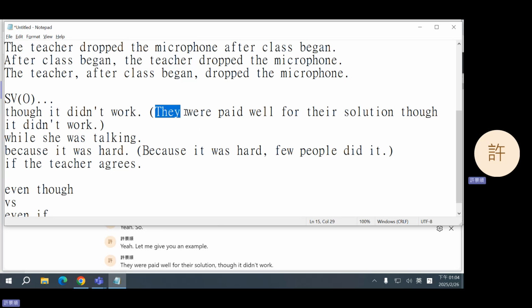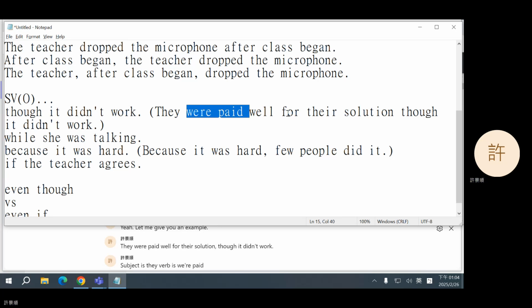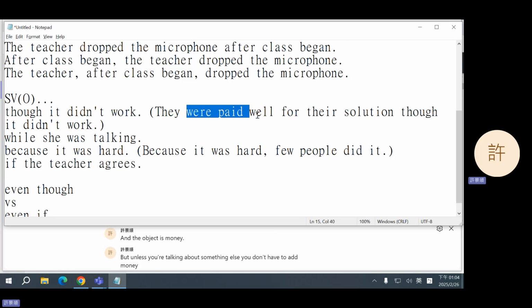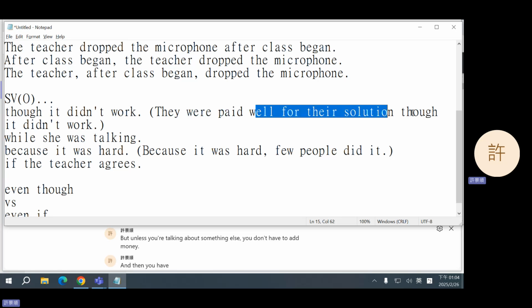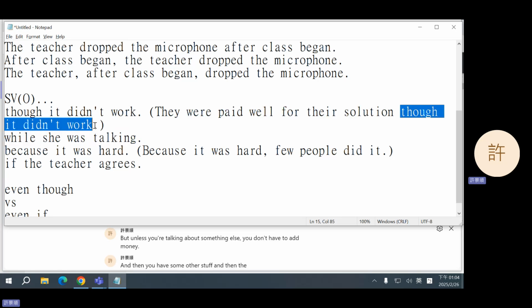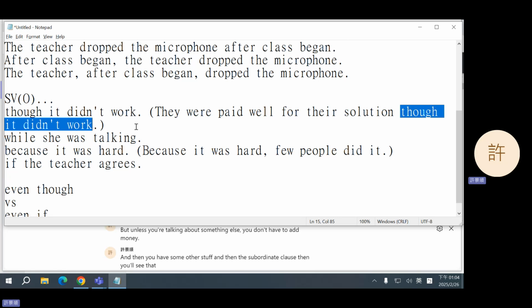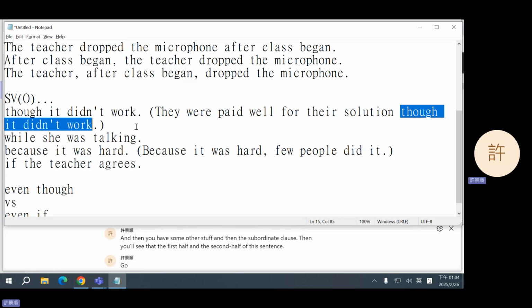Subject is they, verb is were paid, and the object is money. But unless you're talking about something else, you don't have to add money. And then you have some other stuff, and then the subordinate clause. And you'll see that the first half and the second half of this sentence go in different directions.